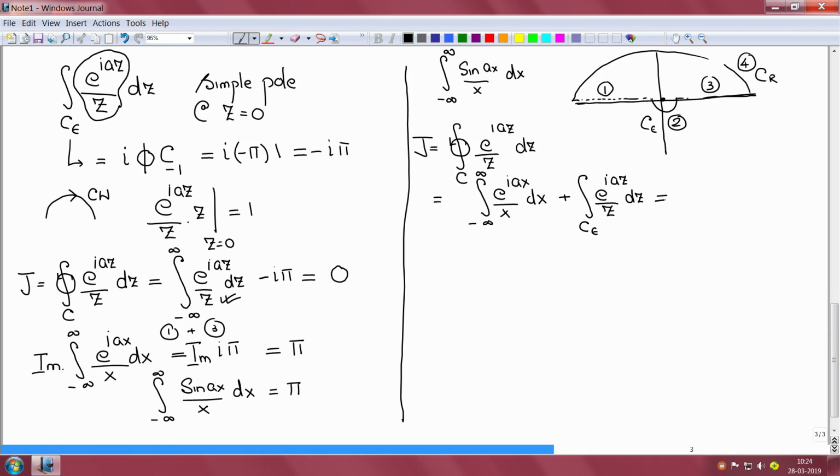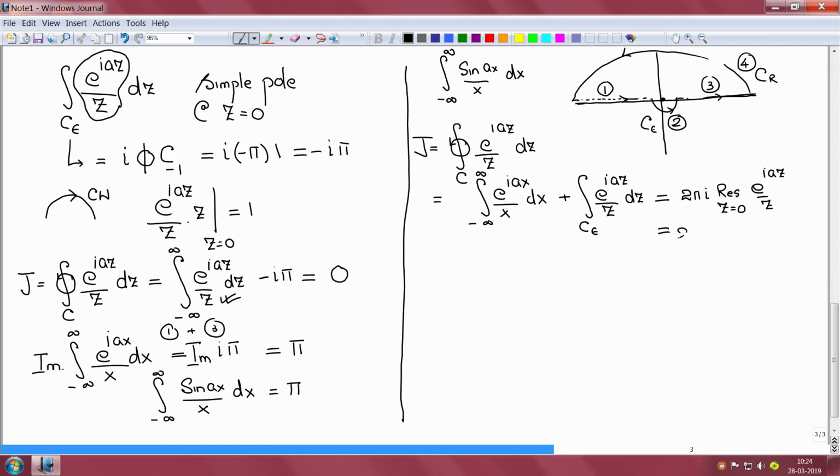However, now we have included the pole. The pole is inside. So, I will get a residue from that: twice pi i times the residue at z equal to 0 of e to the power i a z by z. Now, we are moving in the counterclockwise direction.